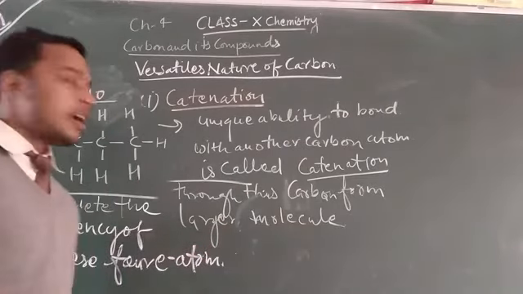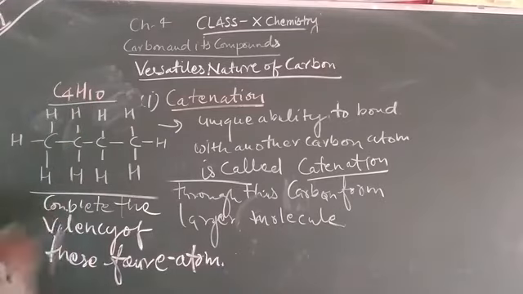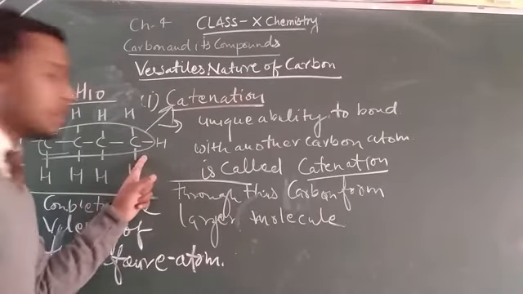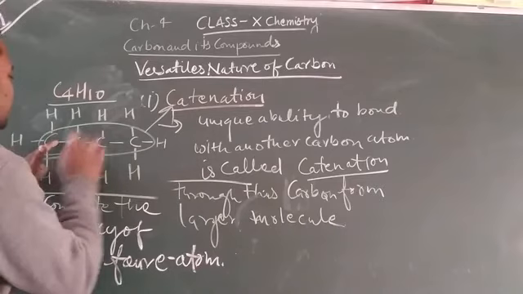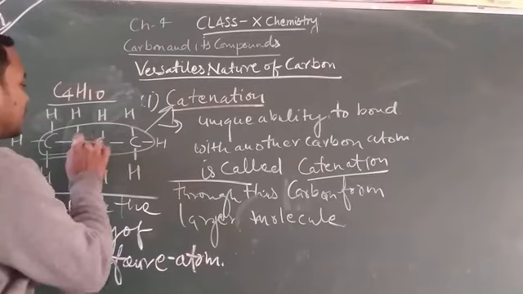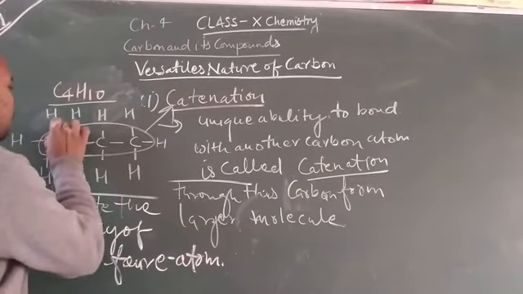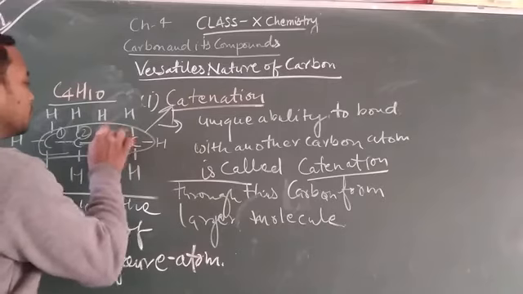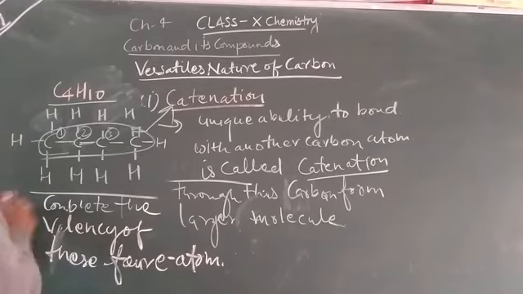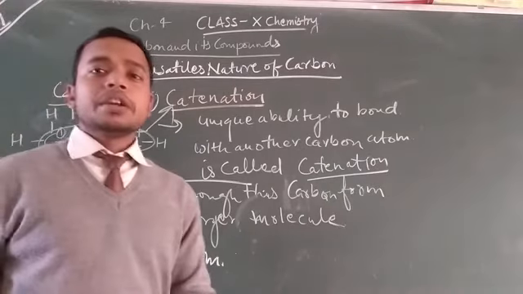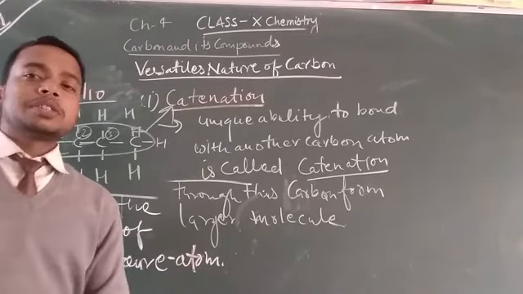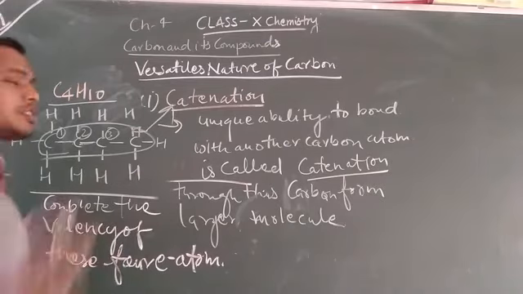This process is called catenation, because carbon makes a bond with another carbon atom. Like here, if you number the carbon atoms 1, 2, 3 and 4, it makes a larger molecule. In this way, this non-metal carbon, with the help of the catenation process, makes larger molecules.